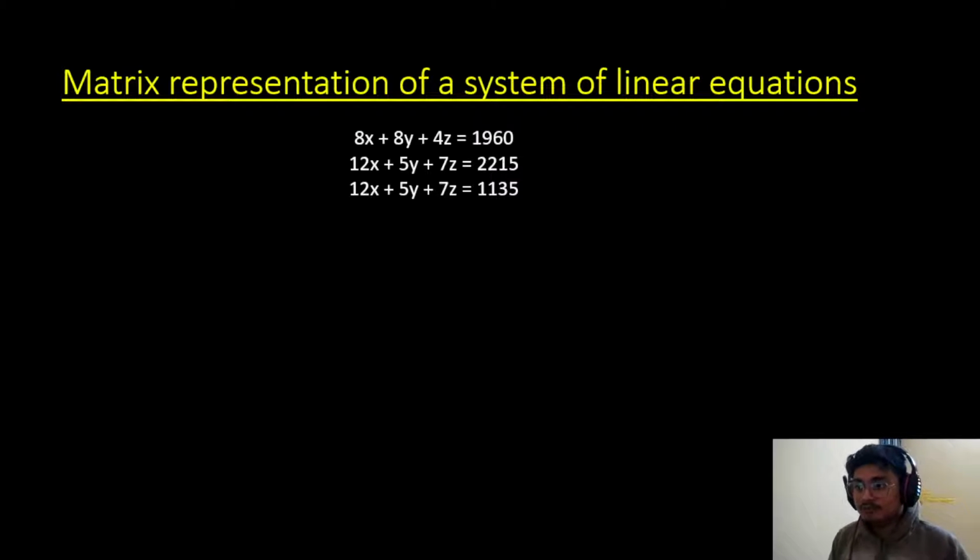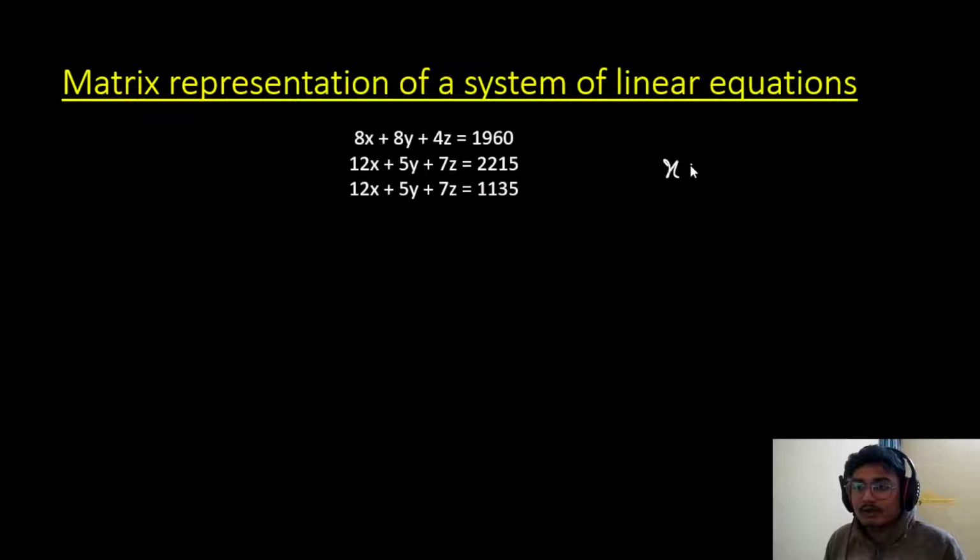We need to represent the system of linear equations in matrix form so that it will be easy for us to solve this type of equation. Here we have three variables, x, y, z.